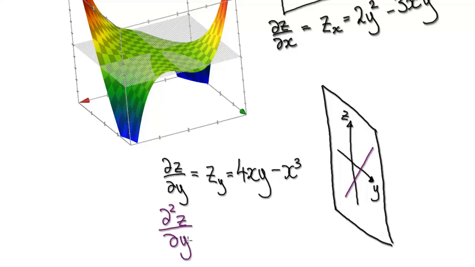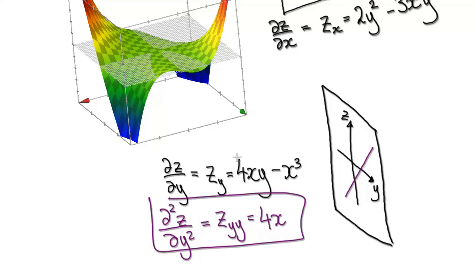It would be written as this, z y y, which is this thing here, and then you're differentiating it again with respect to y. That will give you 4x, and this is just a constant, so it will then give you this. So you can differentiate it twice.